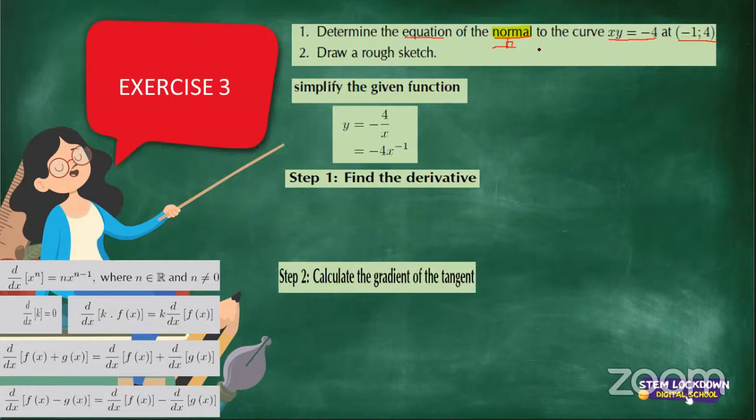Okay, I hope you can see that just from the question before you even start doing the calculation. Now the first thing we said we should do, if we want to find the derivative, is simplify our function.